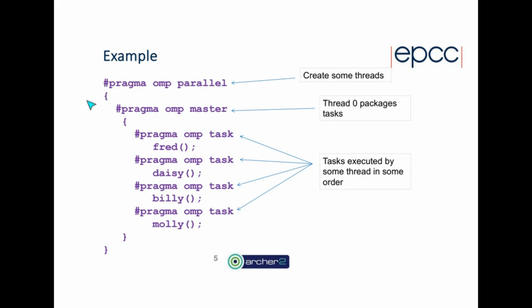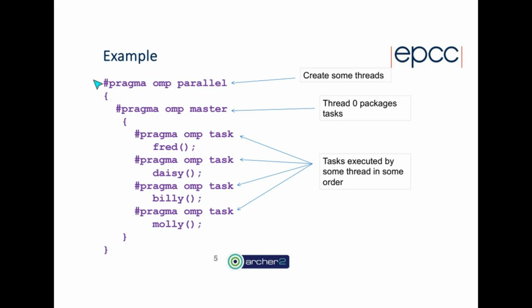It looks like there's a master region in there which says only thread 0 execute this. You'll also sometimes see parallel single as a basically equivalent version of this pattern. It really doesn't matter whether it's thread 0 or not that does the task packaging. This is a very common pattern.